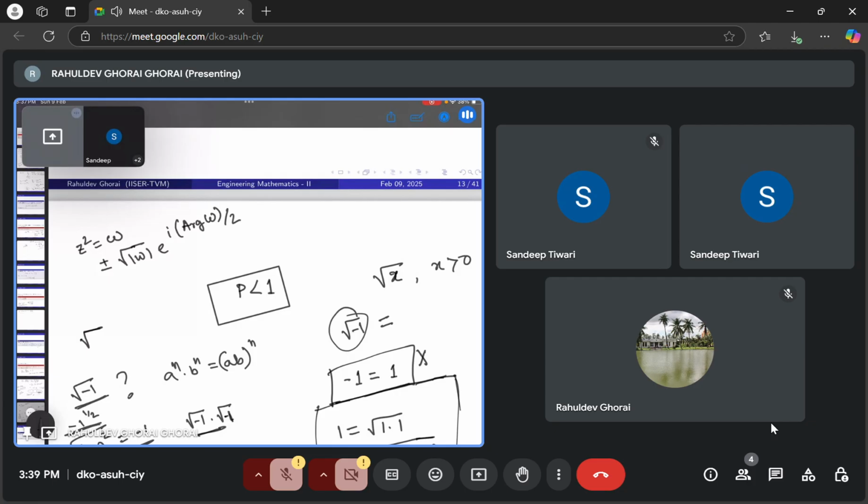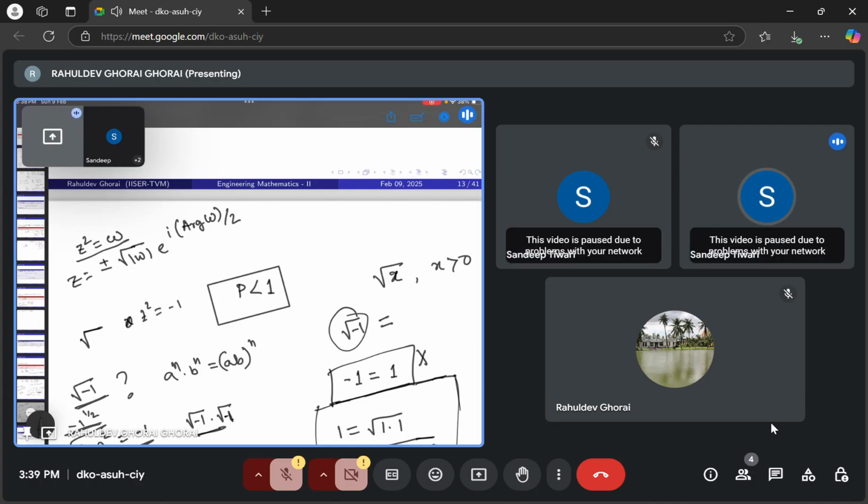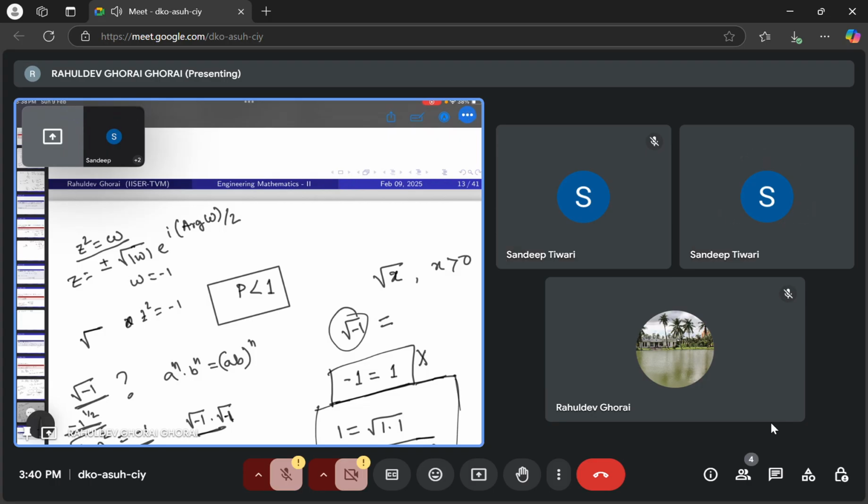If z square equal to w, then z will be equal to plus minus this, right? So now, instead of w, we want z square equal to minus 1, right? So what will it be if w equals minus 1?